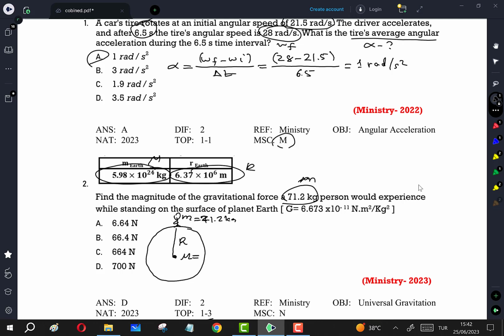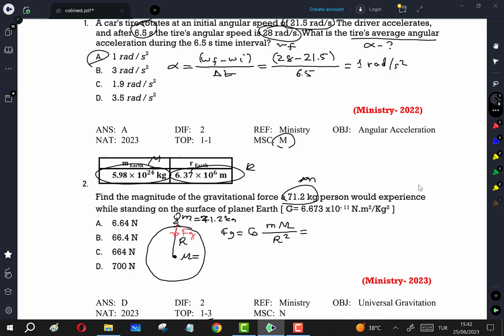So the gravitational force acting on the man's body, Fg. We are going to use Newton's law of universal gravitation. Fg is equal to capital G, mass of man times mass of planet, divided by the square of the radius of the planet.